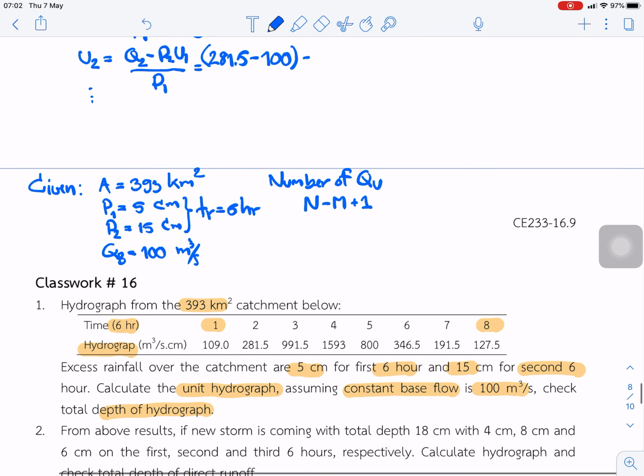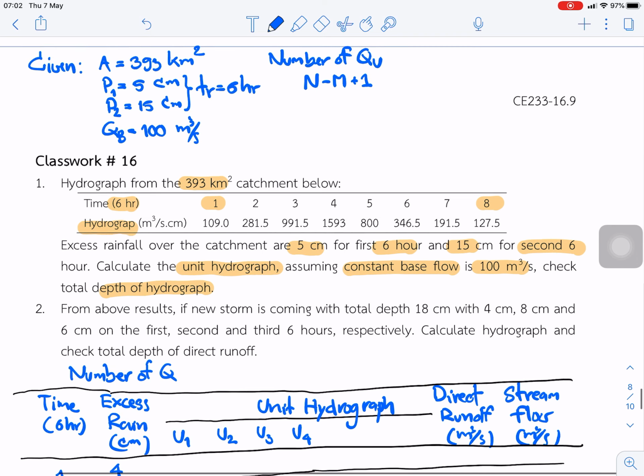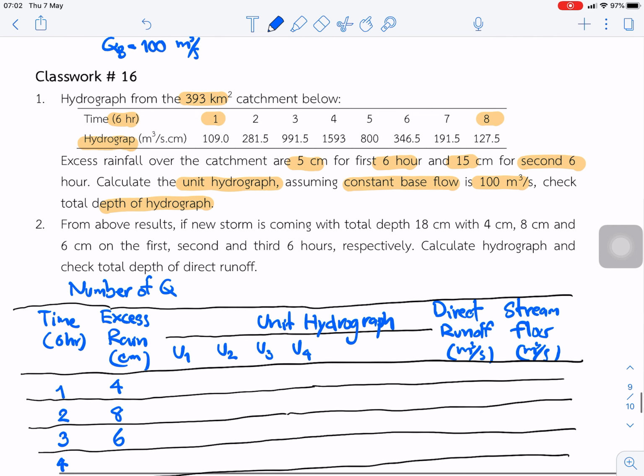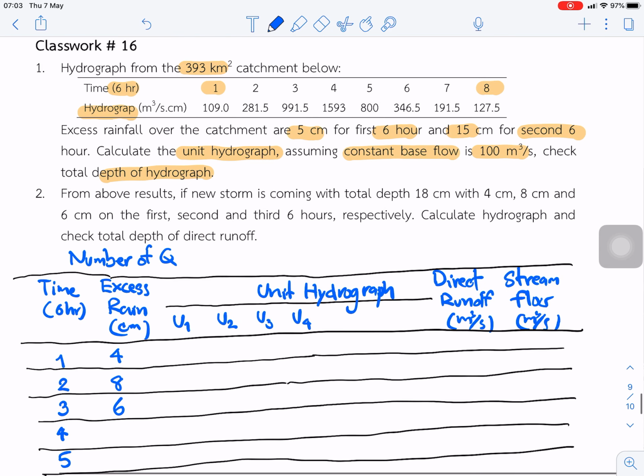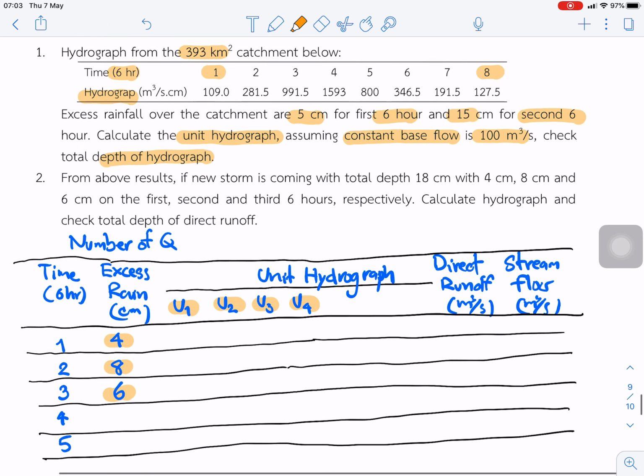For the second problem, given the above hydrograph, the U1 to U something that we got, U1, U2, U3, U4 until the last U, and given the new excess rainfall of 4, 8, 6 for the 6 hour time step, this is a new storm.